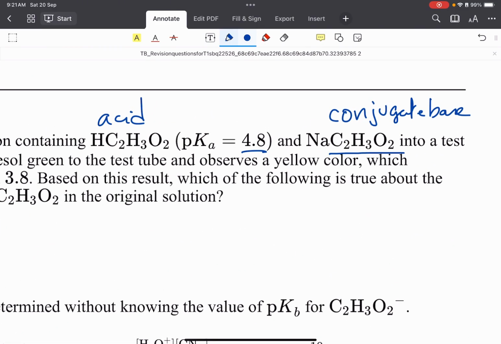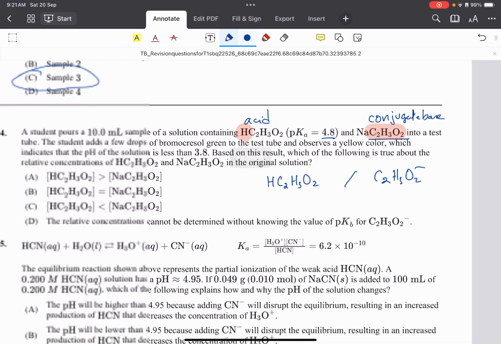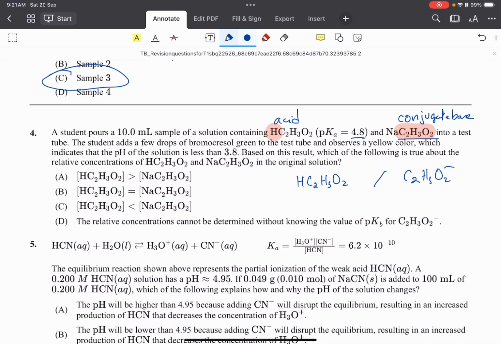I just compare them. Look, there's the H that is donated, and this is the conjugate without that H. So we're looking at HC2H3O2, and we're looking at C2H3O2, its own conjugate base. So our student pours these two, the acid and its conjugate base, into a test tube.